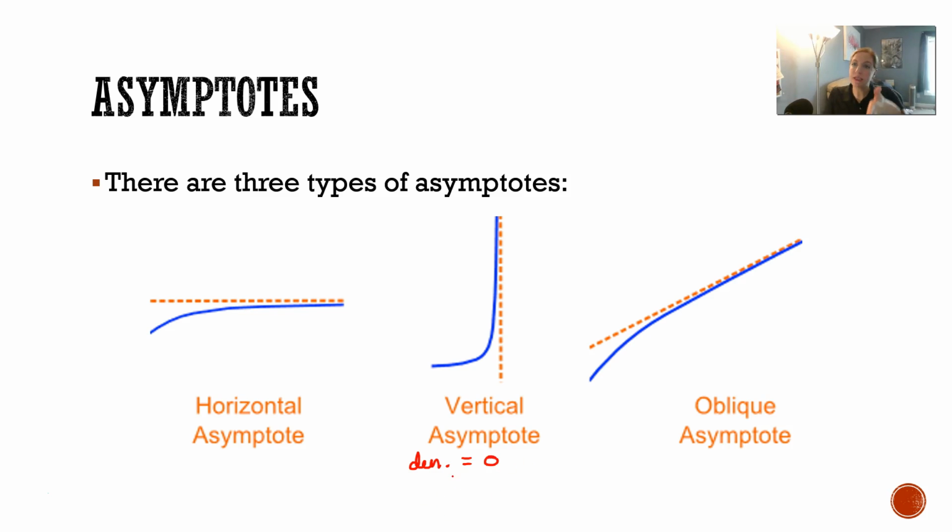And these are going to have the equation x equals some number. Okay, x equals 5, x equals 2. What is the number that x equals? Vertical asymptotes will just be that line that your graph is approaching but never ever touching.